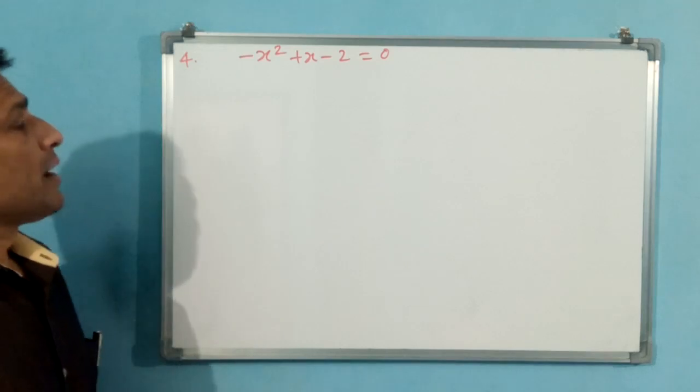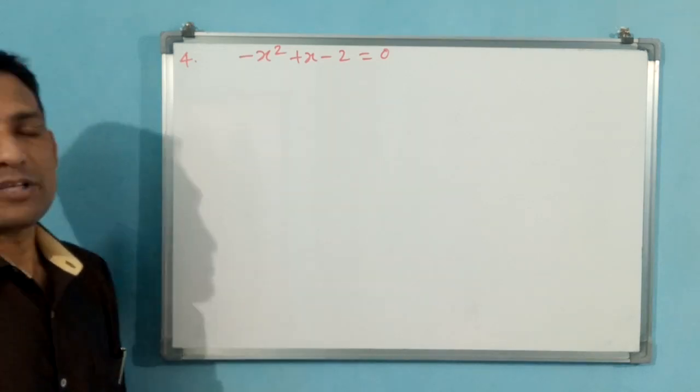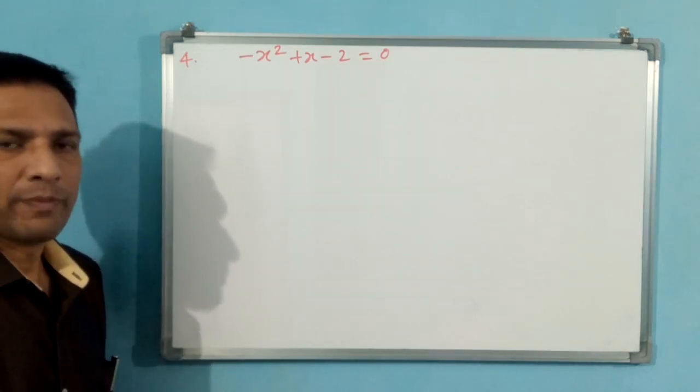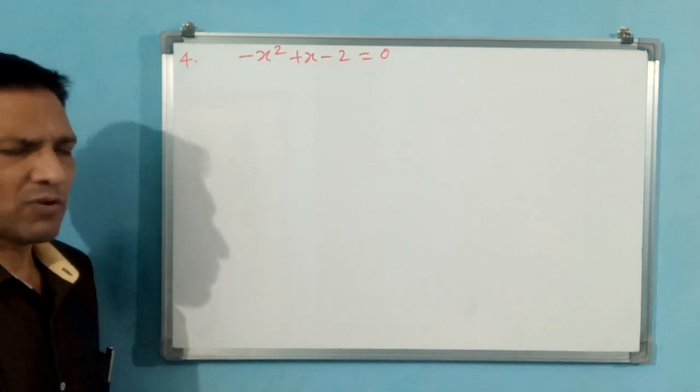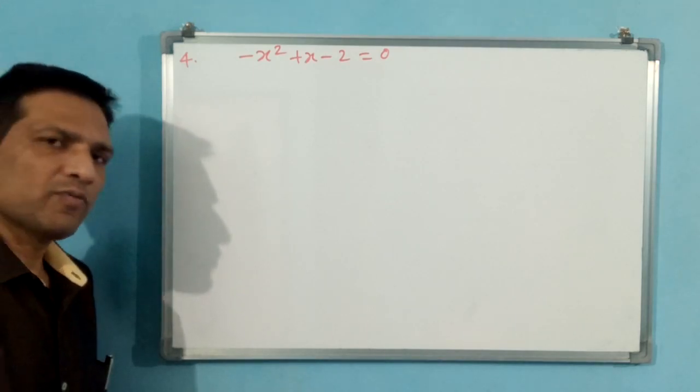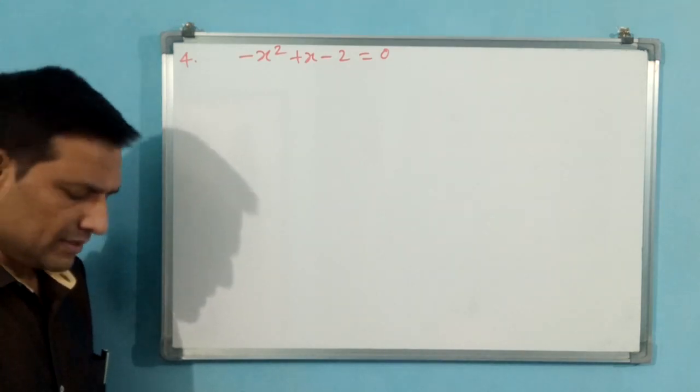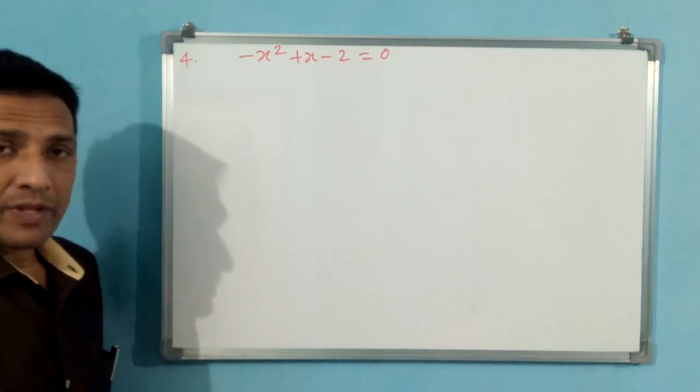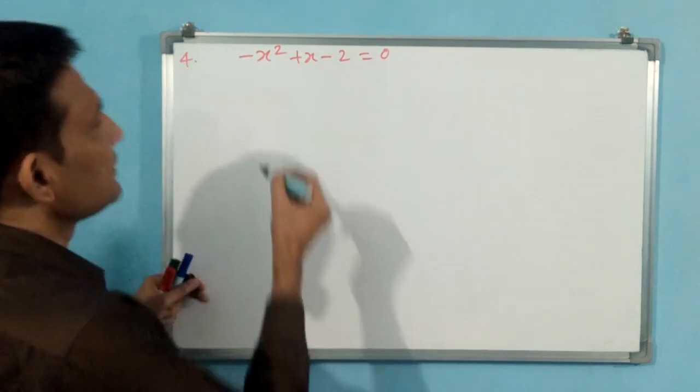Okay, you see, minus x square plus x minus 2 is equal to 0. Okay, this is the quadratic equation. We have to find the solution of x. Okay, let us write the standard equation.